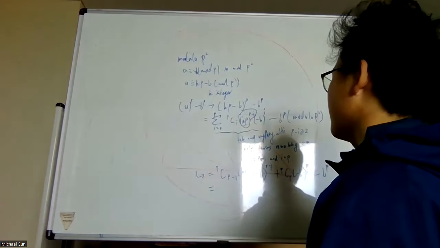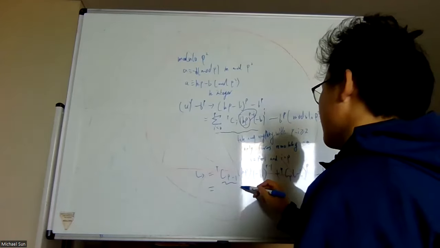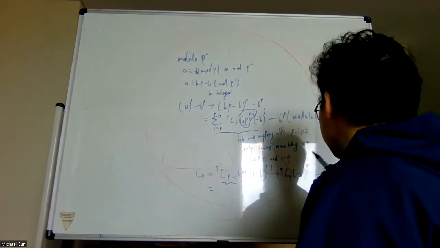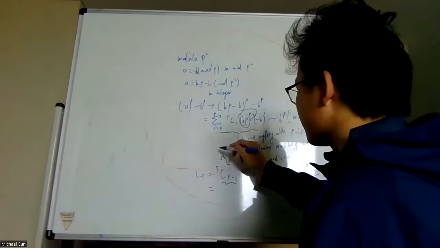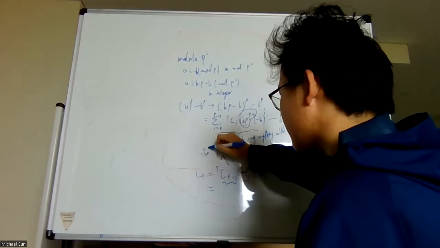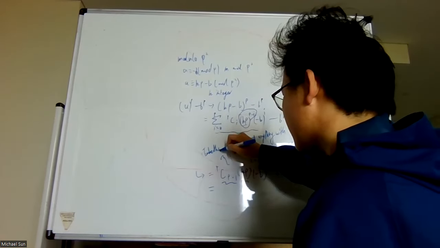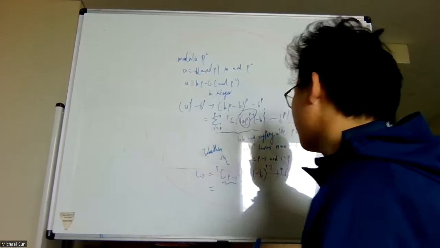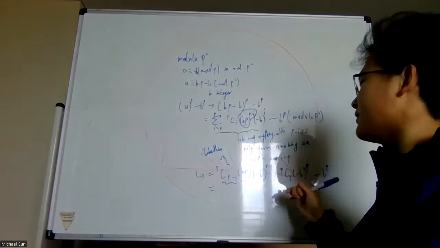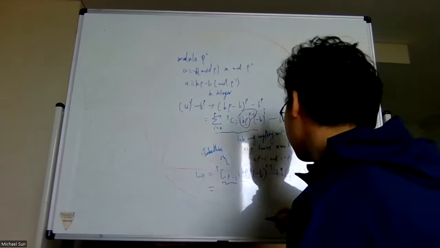Yeah, and P divides this and P divides this. So again, we can take this term out, right? Because P divides these two, so modulo P squared, it's gone.